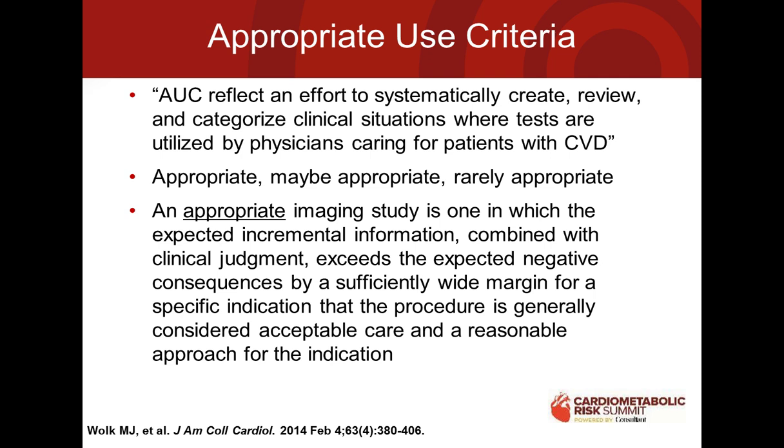It's more structured than this. It's more formal, but that's basically the idea. They are intended to put some structure to the development of recommendations for individual tests and procedures. The recommendations come out in one of three categories: appropriate, maybe appropriate, or rarely appropriate.